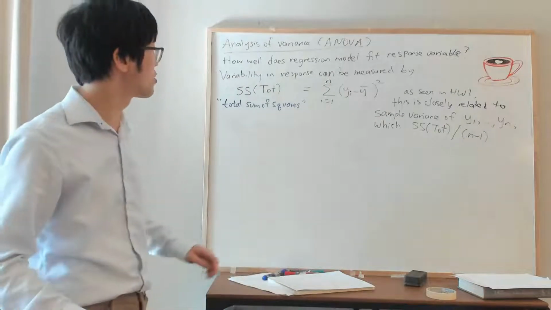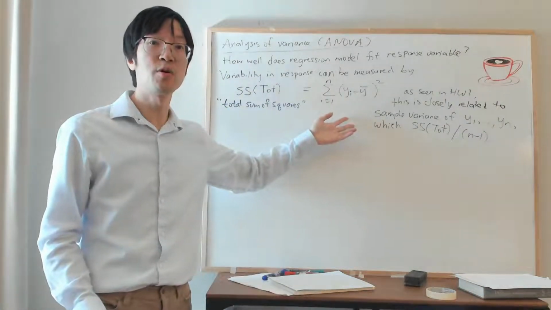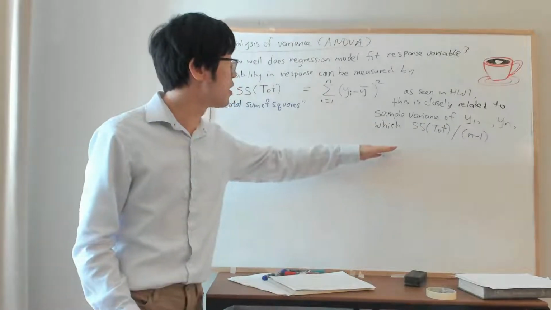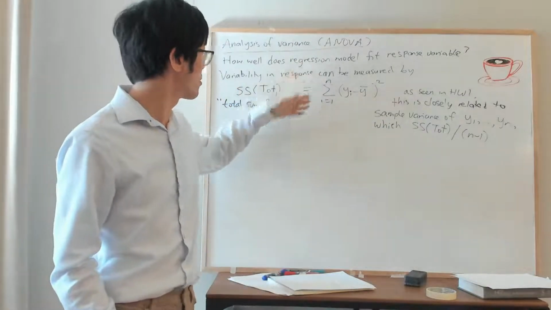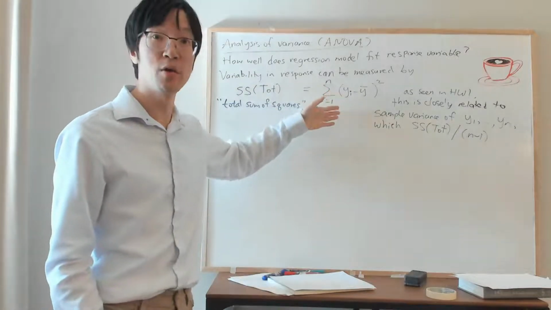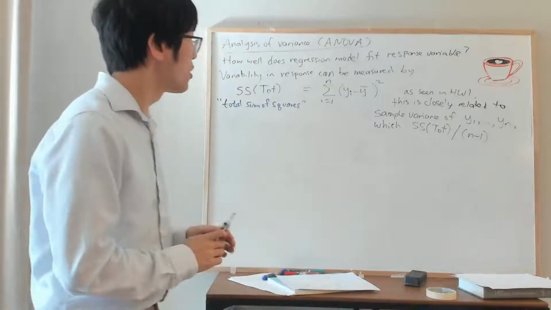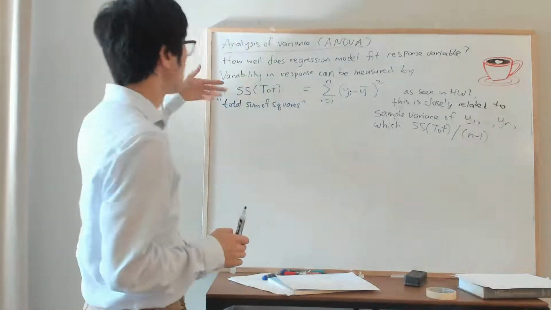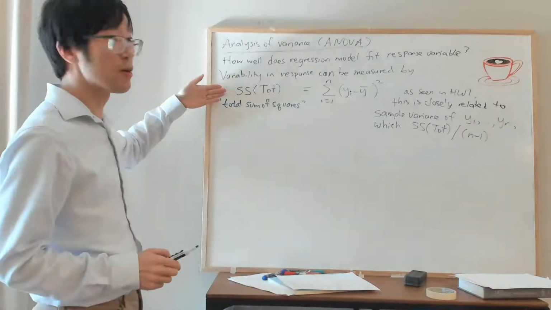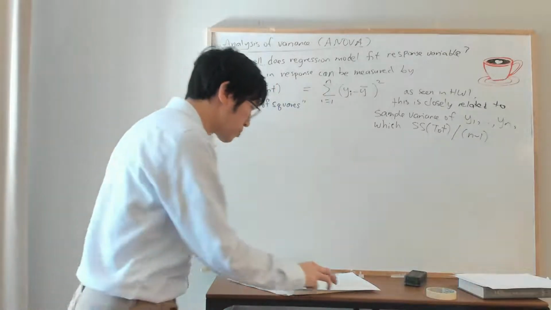So it's simply the sum of squares total without dividing by n minus 1. Once we divide by n minus 1, we get the sample variance of y. That's why this quantity is one way to measure the variability in the response.